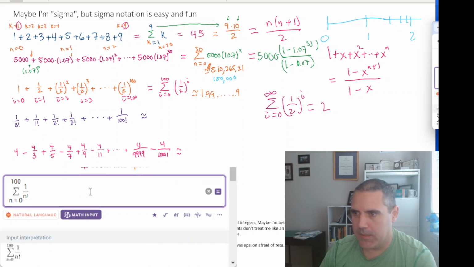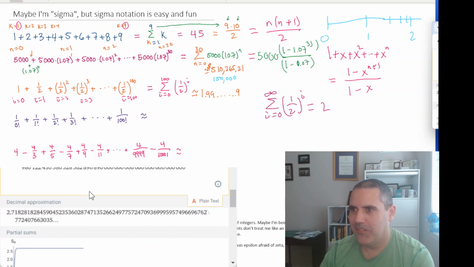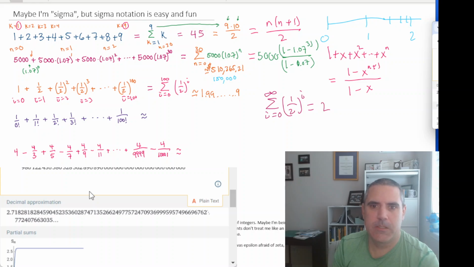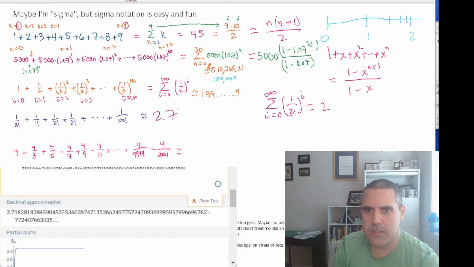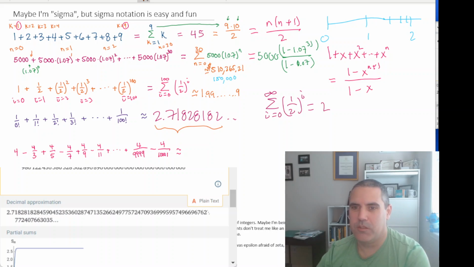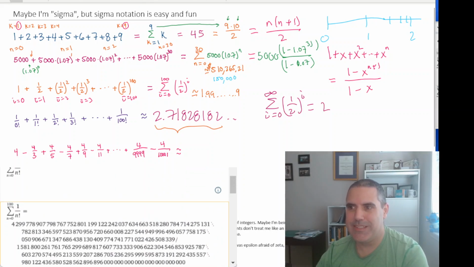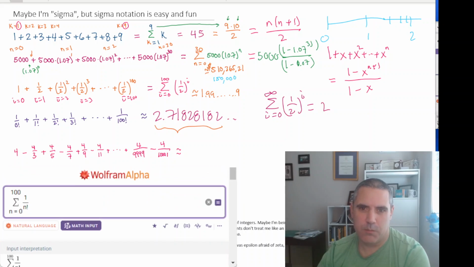Okay, so we get this. What is this? So I'm adding up these factorials, and I get 2.71828182. That number should sound familiar, especially if you're a calculus student, because it's the number e. This approaches e.